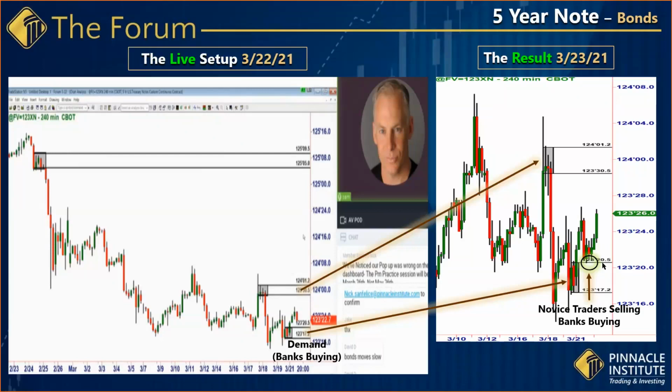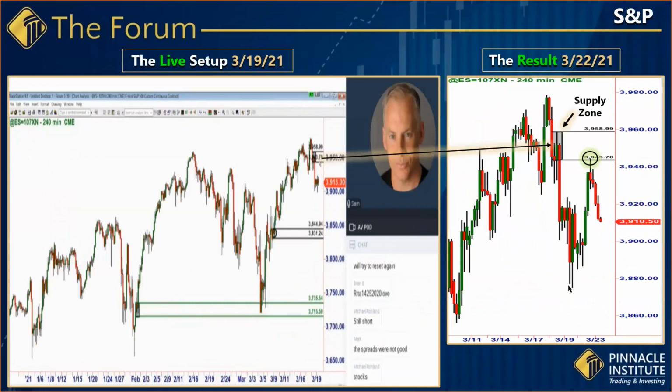So the 5-year came down to demand and rallied. And when that was happening, that's when the S&P rallied from our demand zone all the way up to a supply zone that we saw in a different time frame. So this is where our supply was likely going to be in the S&P. This was yesterday. Make sense?